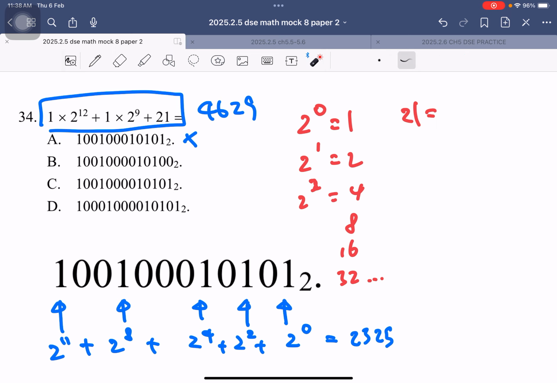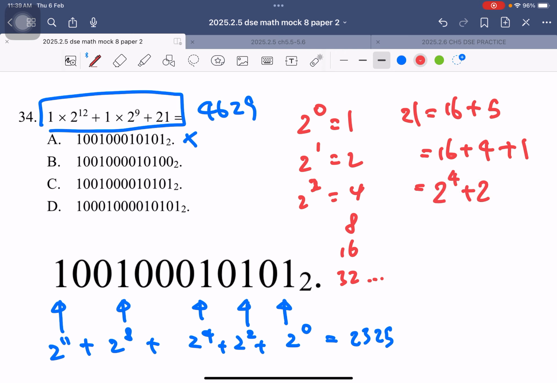The largest number nearest to 21 is 16. So I can have 16 plus what's left, just 5. And then which number is nearest to 5? 4. And then plus 1. So this gives you 2 to the power of 4 plus 2 to the power of 2 plus 2 to the power of 0.